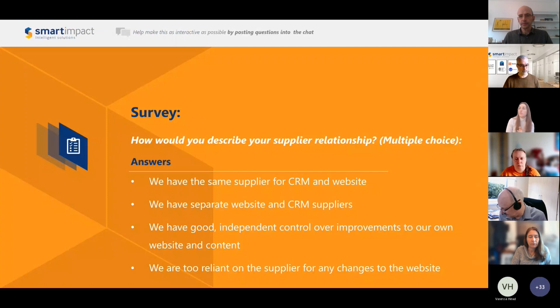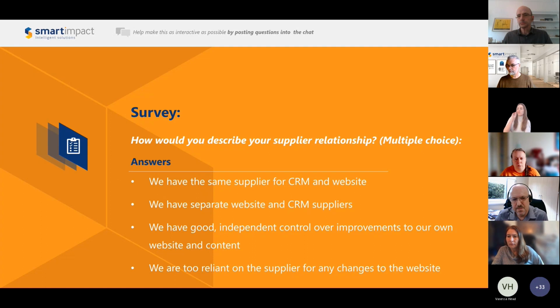So now we have another quick survey. How would you describe your supplier relationship? We have the same supplier for CRM and website. We have separate website and CRM suppliers. We have good independent control over improvements to our own website and content. We are too reliant on the supplier for any changes to the website.